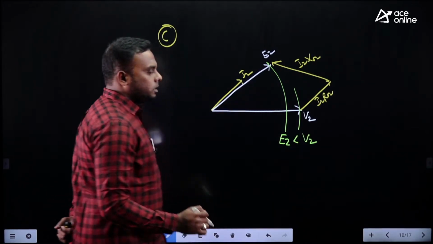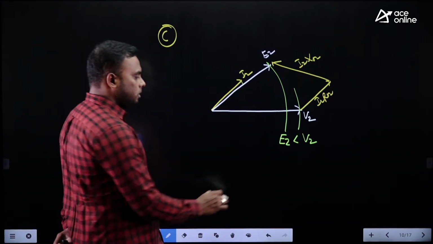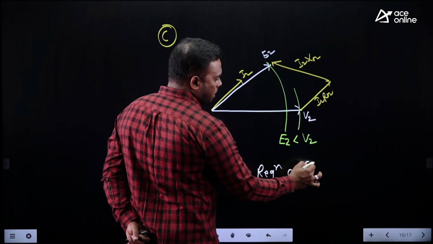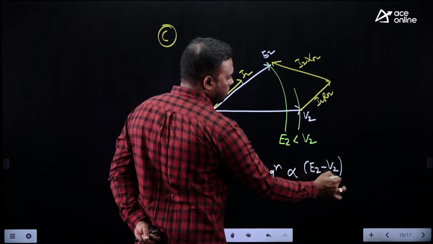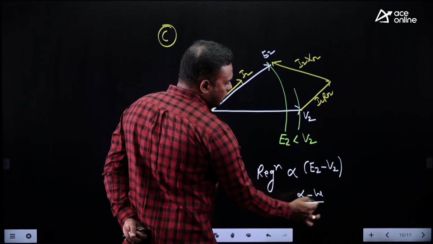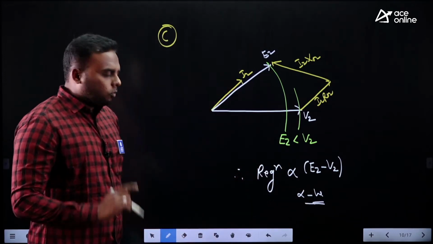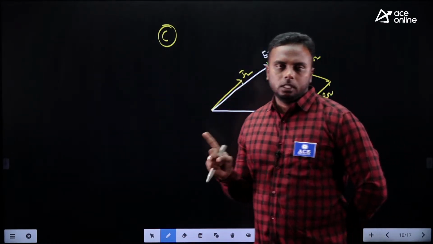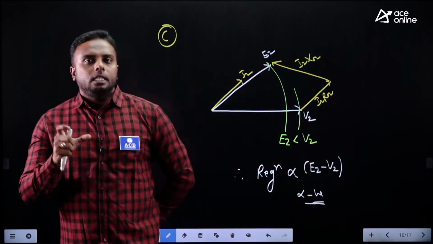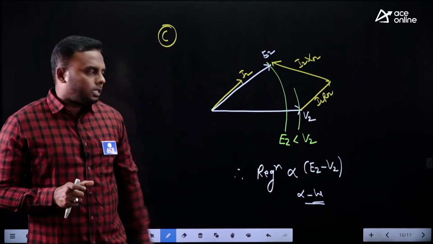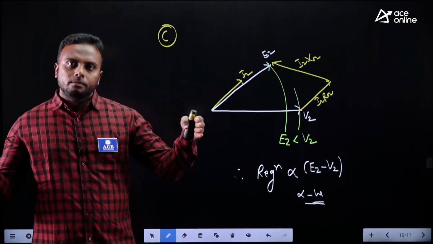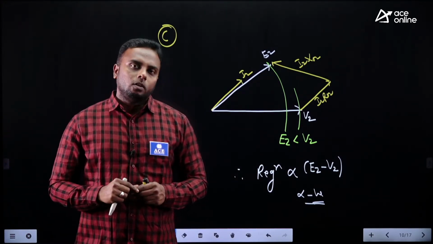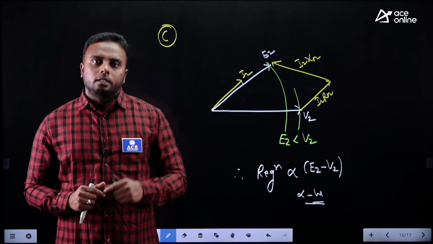Regulation is proportional to E2 minus V2, so we get a negative value. So only for leading power factor do we get three types of regulation: positive, zero, and negative. For most of the leading power factors, the regulation is negative. In a very small region we get positive regulation, and at one value we get zero regulation.